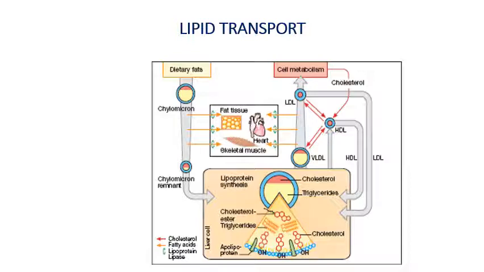As you all know, all cell membranes are rich in cholesterol. So whenever the cell membrane degrades, the cholesterol which is released into the blood is taken up by the HDL, and this HDL is transported back to the liver. So this is how the lipids are transported in our body.